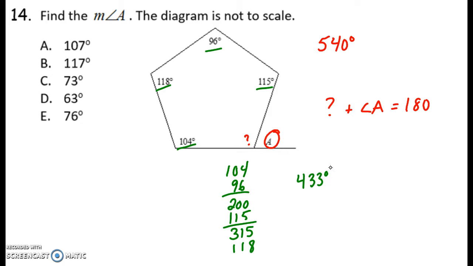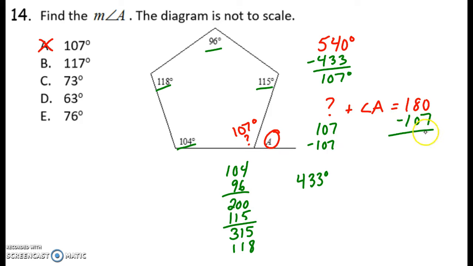So I have 433 degrees total. If I subtract that from 540, I get a total of 107 degrees. Now remember that 107 degrees is an interior angle, so don't be fooled by letter choice A. So now that I know that the question mark is 107, if I subtract 107 from both sides, 180 minus 107 is a total of 73 degrees, letter choice C.